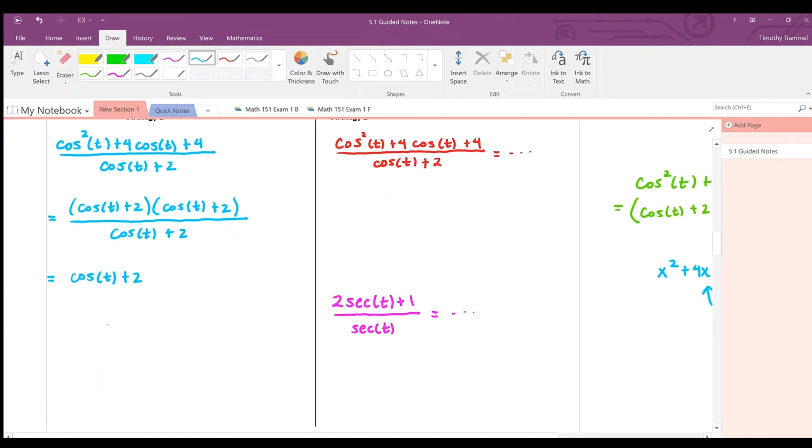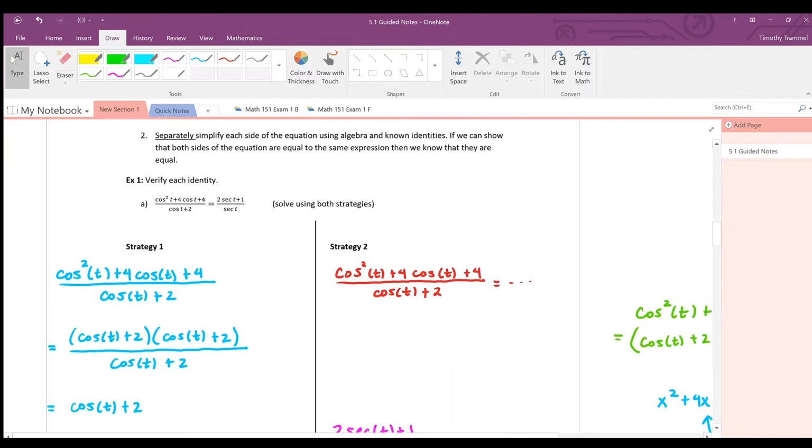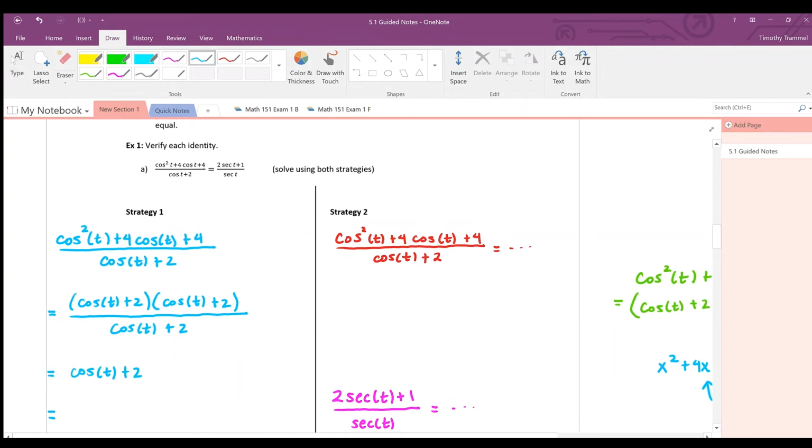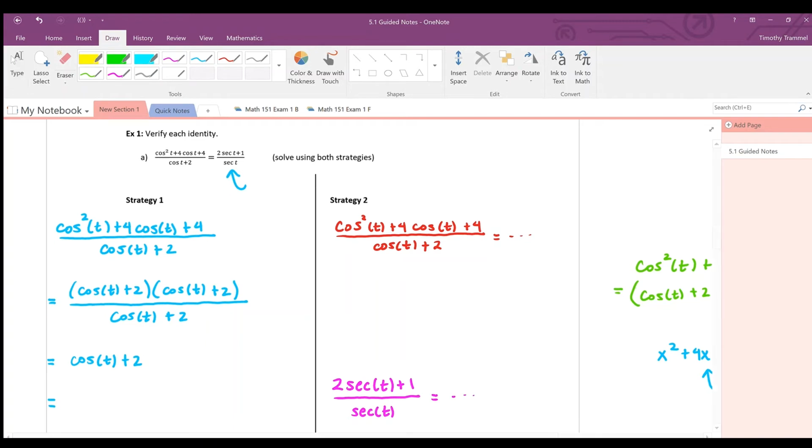So this cosine of t plus 2, well, for one, it doesn't look like a fraction yet. And fraction is not quite what I mean here. I want to have something that looks like this. And how do we make that happen? We make that happen by being a little bit creative here.